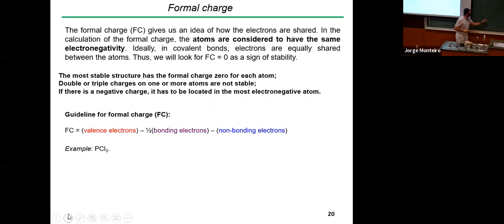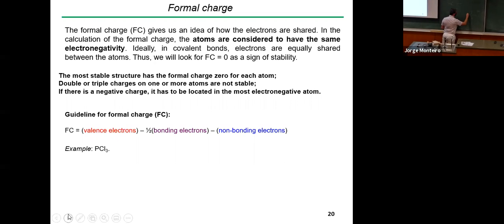For the single bond one, we don't need to calculate anything because it's going to be the same. So we know that this one is -1. Let's take a look at the double bond. 6 minus. Now we have 2 covalent bonds, therefore 4 bonding electrons and 4 non-bonding electrons.